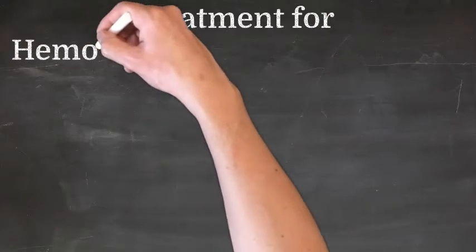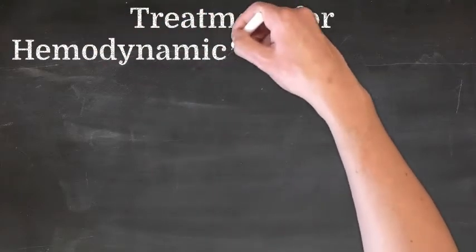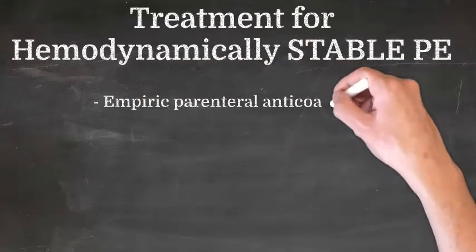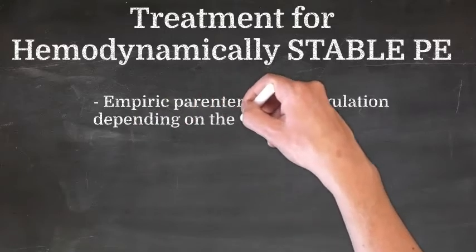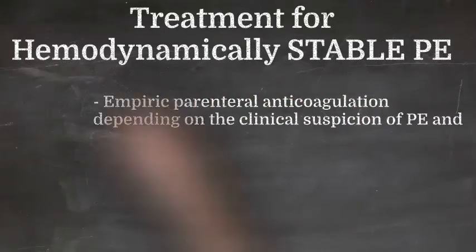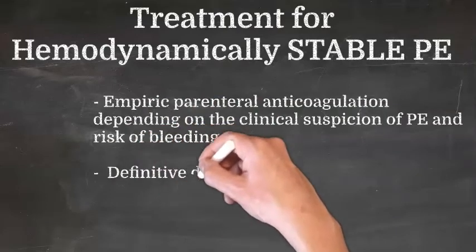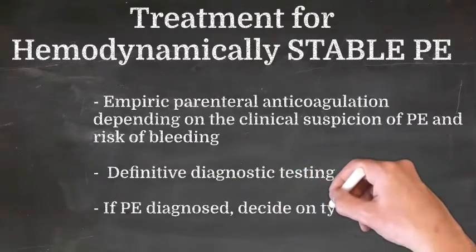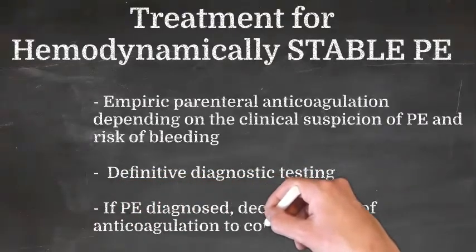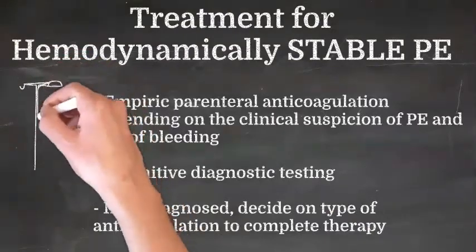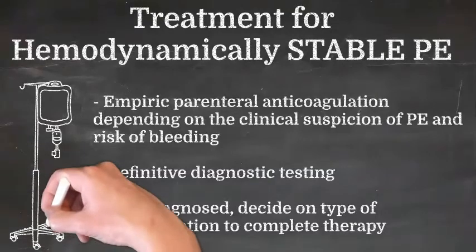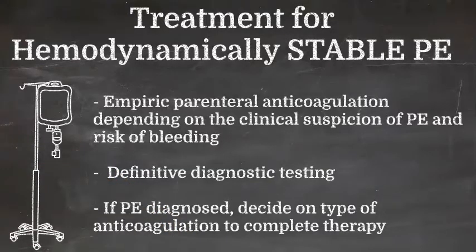So the treatment of hemodynamically stable patients is essentially starting anticoagulation. Sometimes you do have some very high risk patients in whom you want to start empiric anticoagulation. We typically give them a one-time 1 mg per kg dose of enoxaparin, because the risk of not being anticoagulated is so much higher that we don't even want to risk waiting the time it will take to do a CTPA.